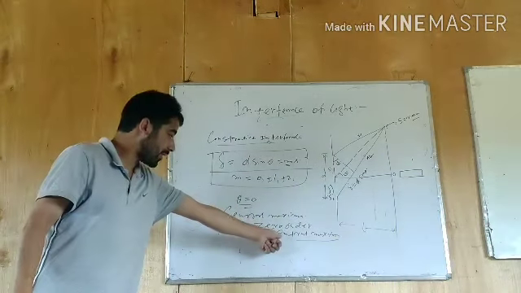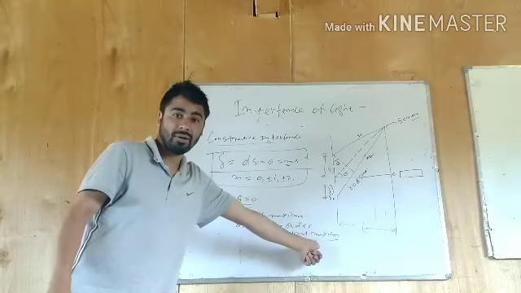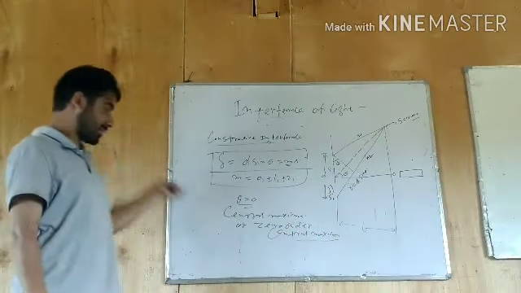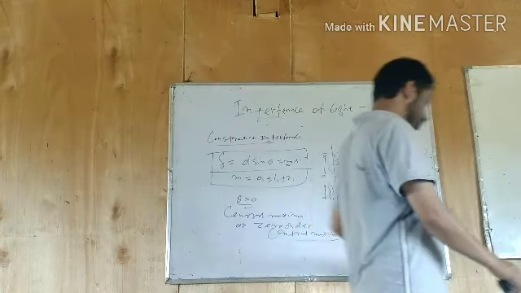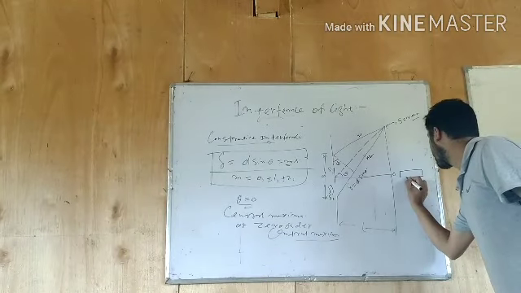Zero order bright fringe or zero order central maxima, this is one and the same. It is wholly conformable from the given words here. Okay.